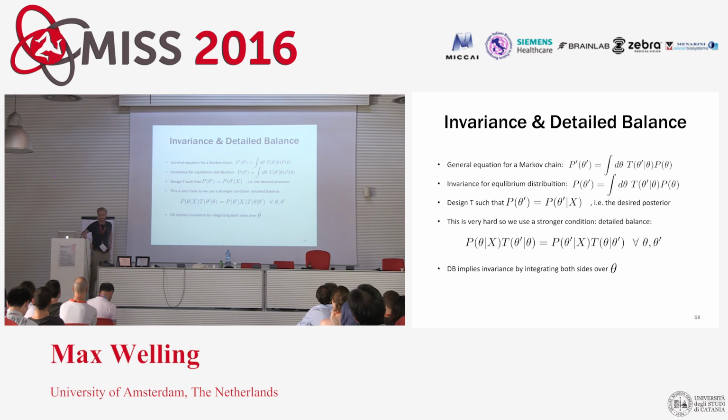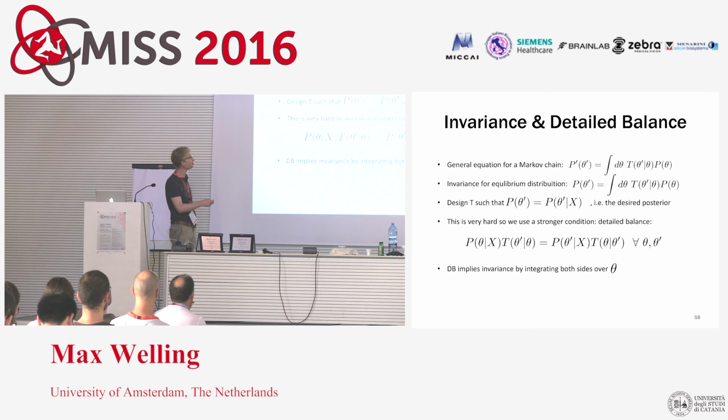Okay, so then a little bit of background on sampling. So if I start with a distribution P0, let's say this is some initial distribution from which I draw my first sample. Okay, and now I have this transition kernel which draws the next sample given the current sample. Now you can do this for a sample, but you can also do this for the entire distribution.